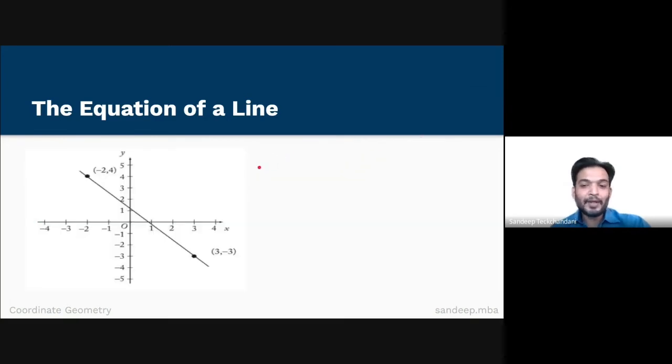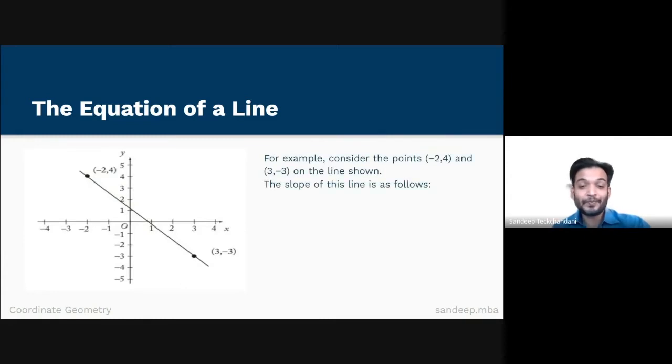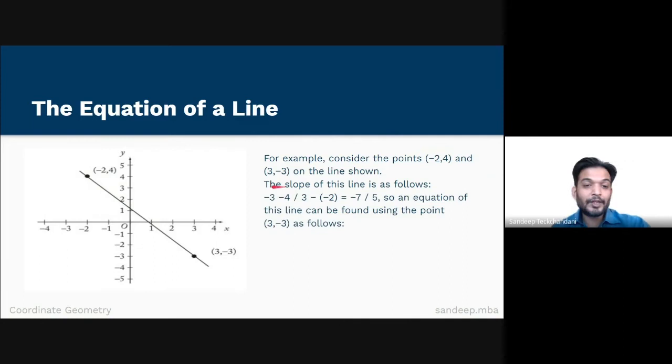For example, consider the points (-2, 4) and (3, -3) on the line shown. The slope of the line is as follows. The difference in the y coordinates over the difference in x coordinates is equal to -7/5. So an equation of this line can be found by using the point (3, -3) as follows. y minus minus 3 equals -7/5 times (x minus 3).